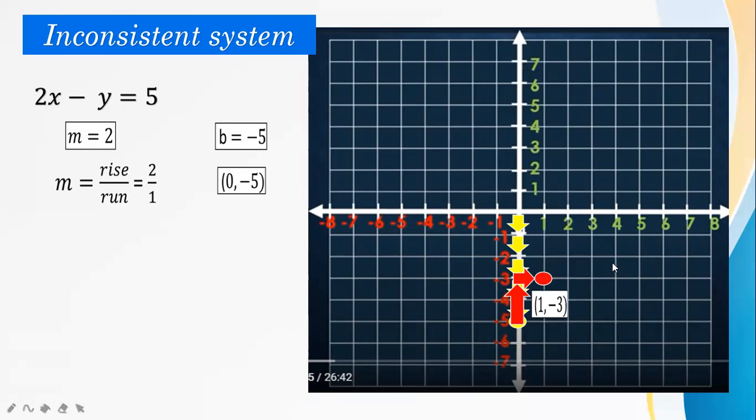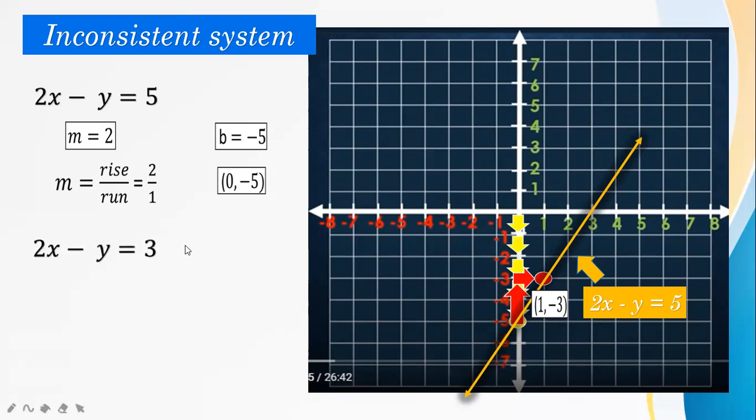And this point, we have 1 and negative 3. So these are the 2 points. So connect the 2 points using a line. So this will be your graph of 2x minus y equals 5.